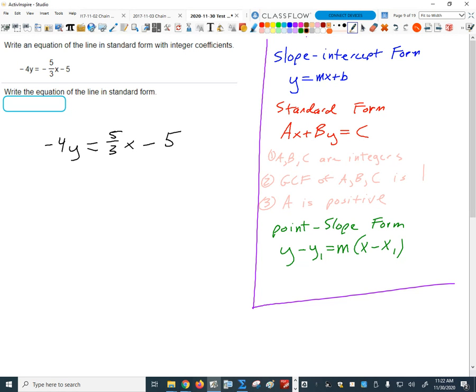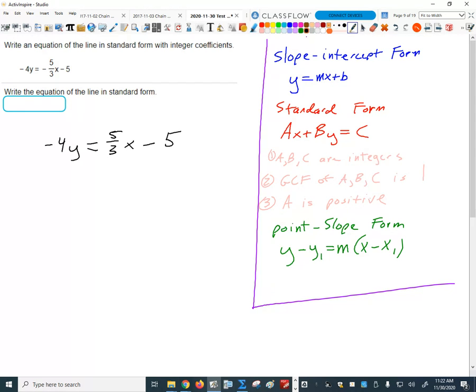What's wrong with that? Melinda, do you see anything wrong with that right away? I'm not sure what's wrong with it. So if it's in standard form, remember our rules.